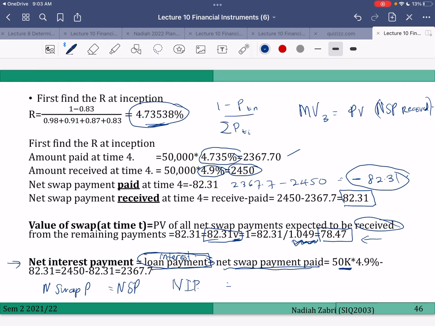So the interest payment is 50k times the variable rate, plus the net swap payment, and his net swap payment is negative, so minus 82.31. So this is his total net interest payment. Okay, that's all for this chapter.